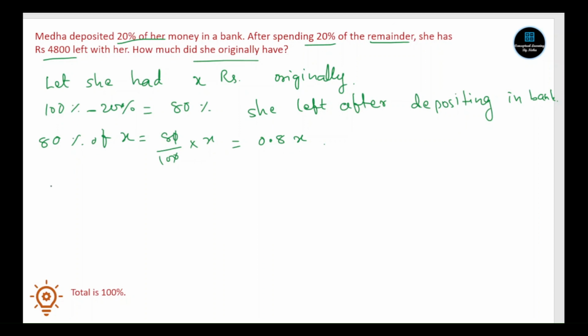So she spent 20% of 0.8x. Therefore, she is left with, again, 80% of 0.8x.